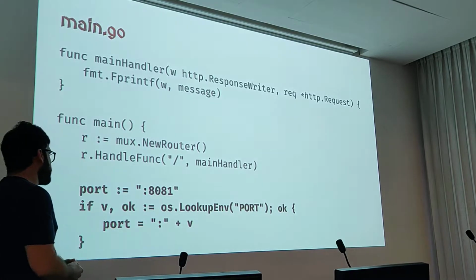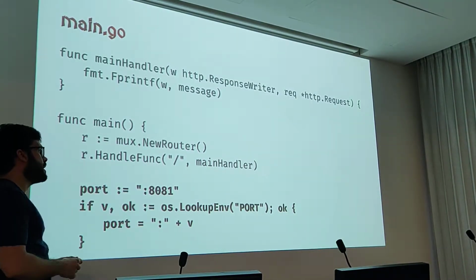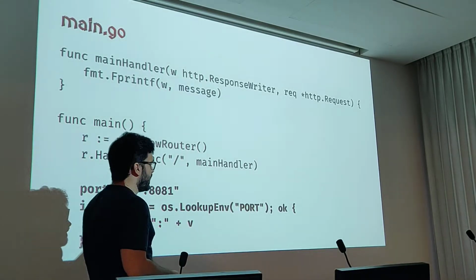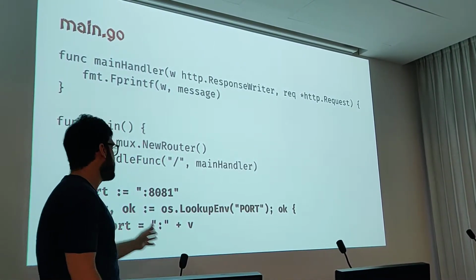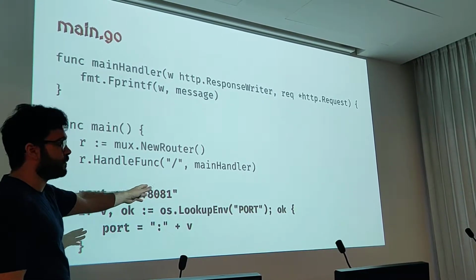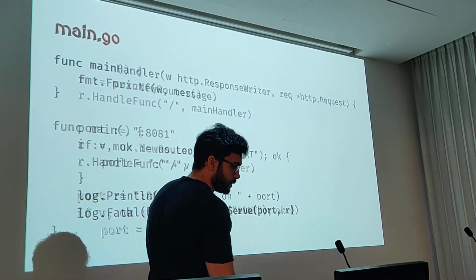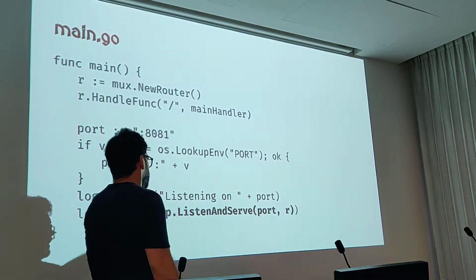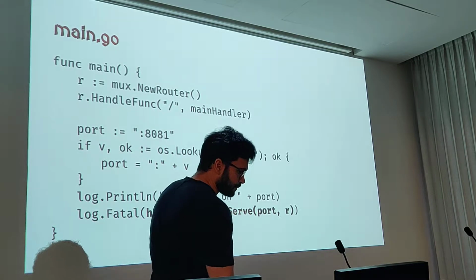We have some configuration. In this case, we have the port by default, which is 8081. If we set up the environment variable PORT, following the 12-factor applications or cloud native apps, you are going to change the configuration for the port, and you can be listening on another port. And that's maybe it. We listen and serve, which means, okay, spin up the server for me.